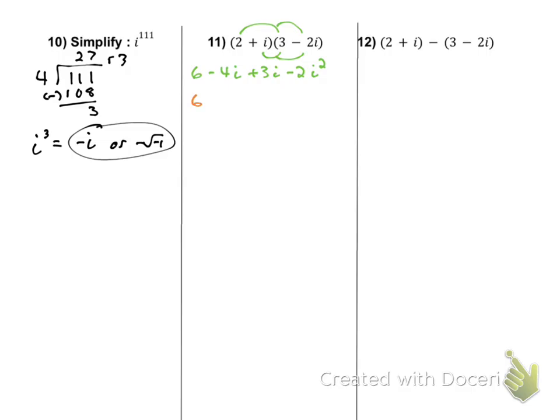That'll be 6. Negative 4i plus 3i is negative i. And then negative 2i squared. i squared is negative 1, so that would make that a positive 2. So our answer would be 8 minus i, or negative i plus 8.